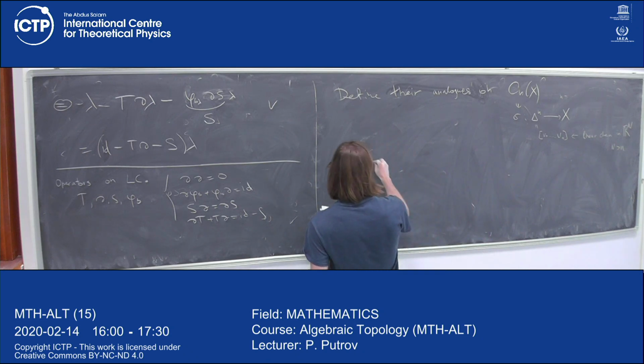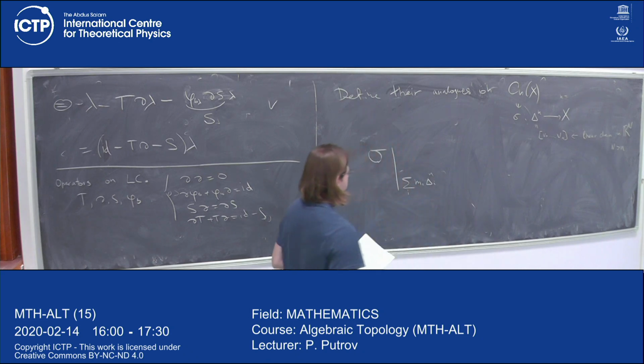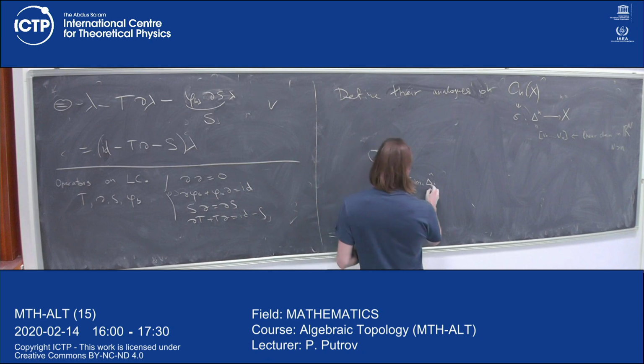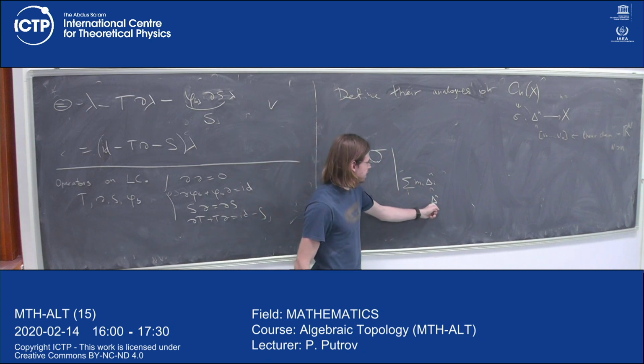Then you write a formula of this form: sigma restricted to the following linear combination, where the delta i's are n-simplices inside delta n.